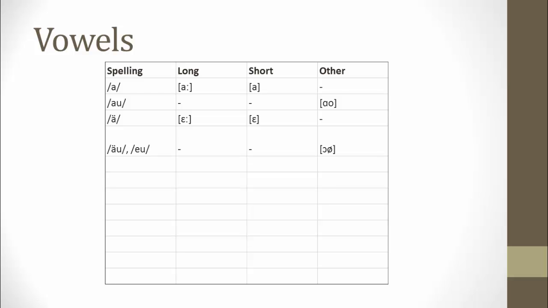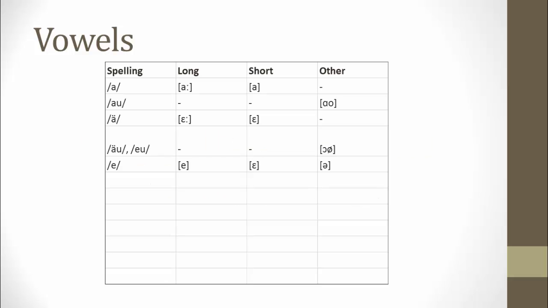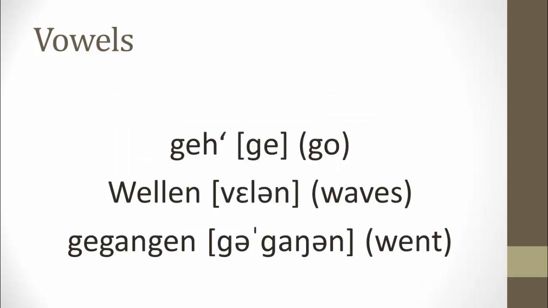For the A umlaut U spelling and EU spelling, Oi: Bäumen, treu. And for the written E, we have E, and the schwa sound, which we'll talk more about later: Wellen, gegangen.